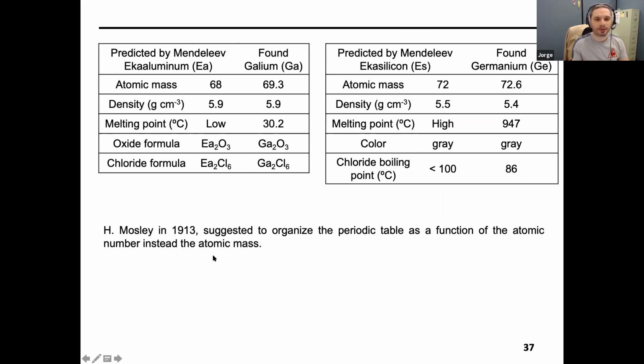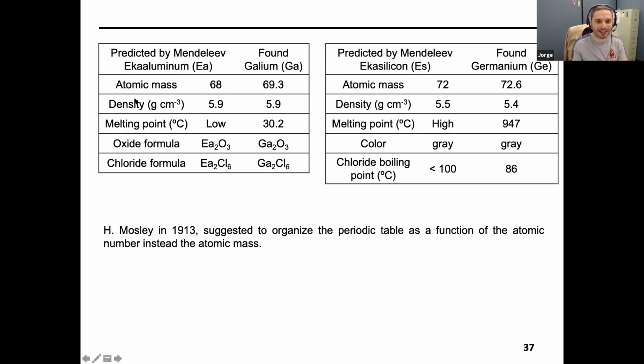Okay, so starting here with the prediction by Mendeleev for the element with atomic mass 68. He called this element Eka aluminum. And the first column here is the Mendeleev predictions.